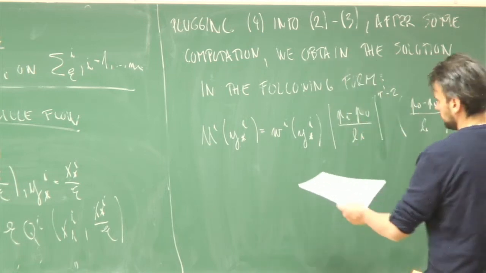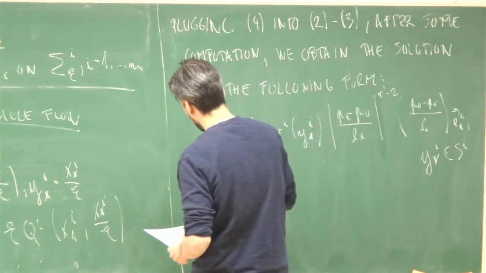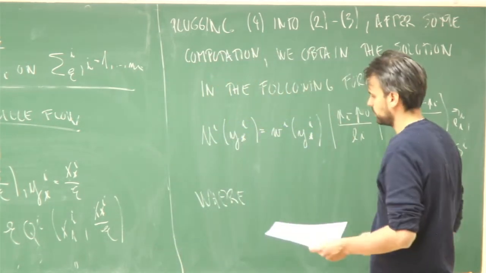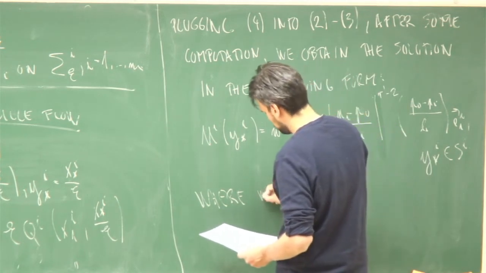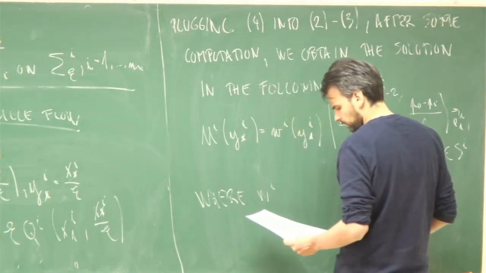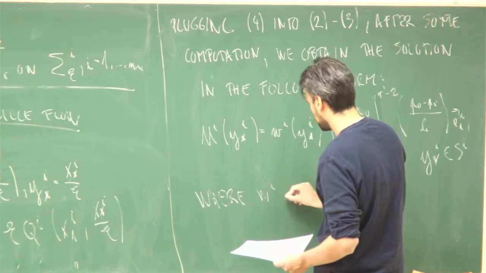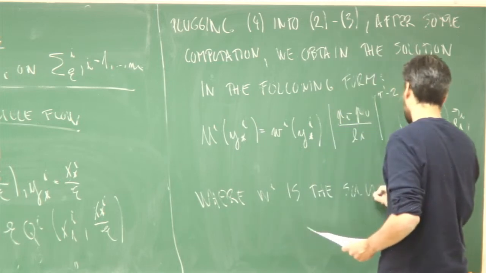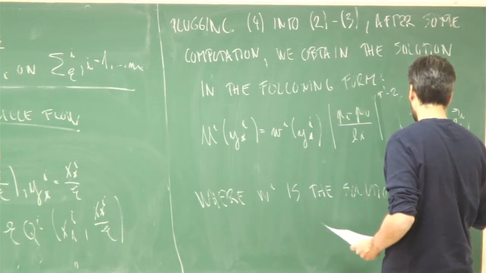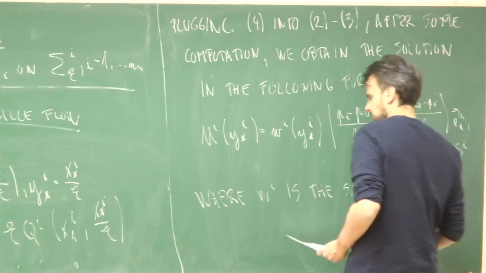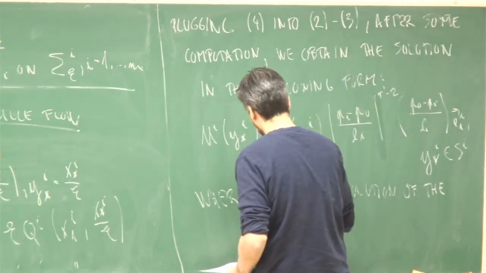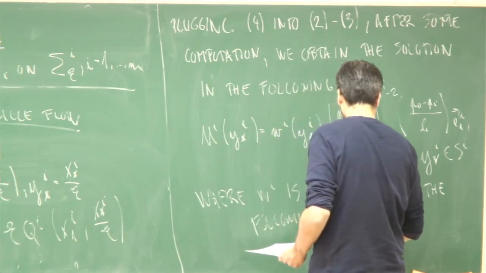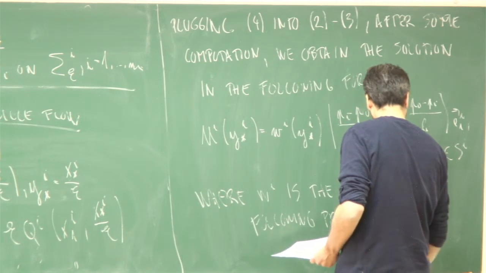Okay, and this VI is, so we have the general cross section, so this is not determined, but of course if we restrict ourselves to the circular case, we'll obtain the solution in explicit form. So where VI is the solution of the following problem.